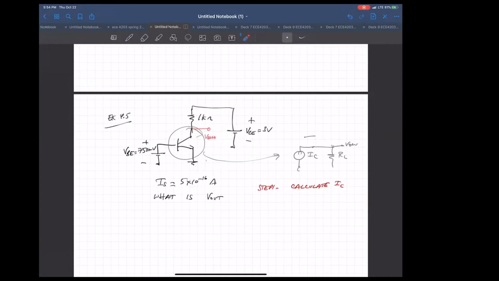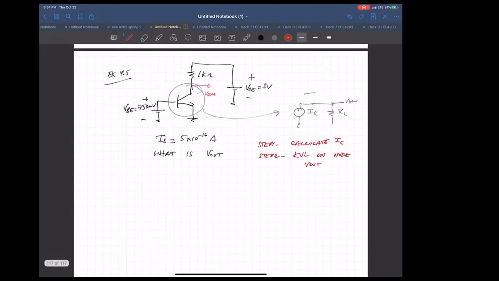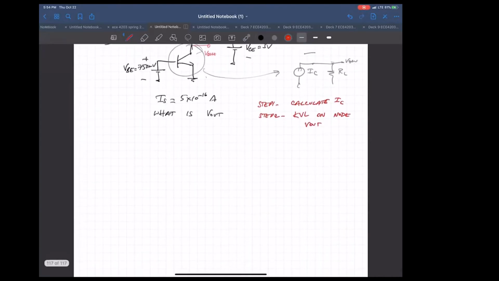You have this voltage, you have this current and resistor, so you can do a KCL here and figure out what V out is. So step 2, actually it's KVL, sorry. KVL on node V out. Why don't you guys take a crack at that for a couple of minutes, and then we'll do it together.